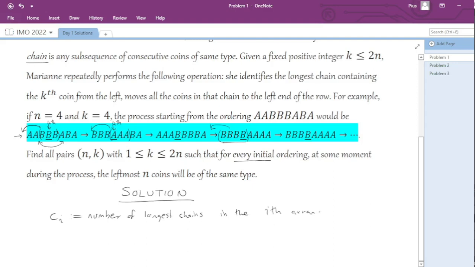So in the sense that the initial one we're given will be the first arrangement, and then we have subsequent ones.